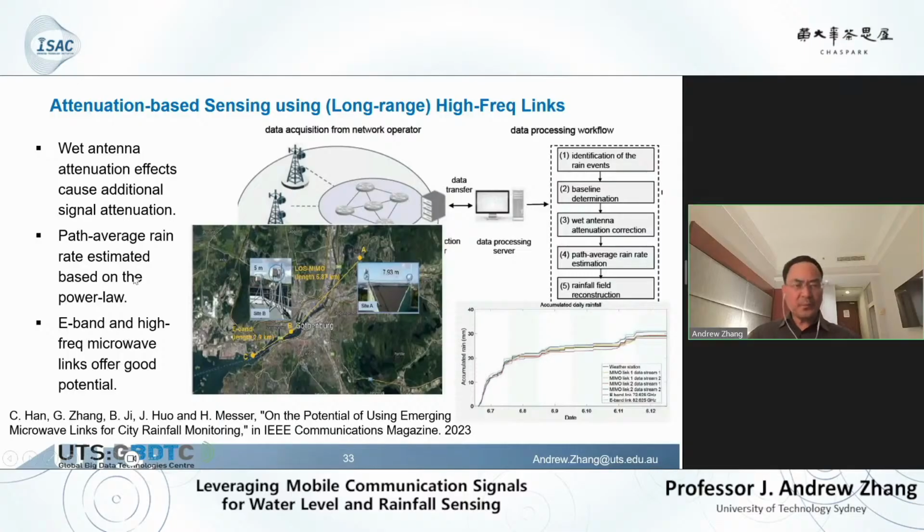So following the principle of propagation attenuation changes with rainfall intensity, people have proposed various techniques for mobile network-based solutions, but most of them are limited to either high carrier frequency, such as E-band, 60 to 70 gigahertz systems, or to very long-range mobile backhaul connections.